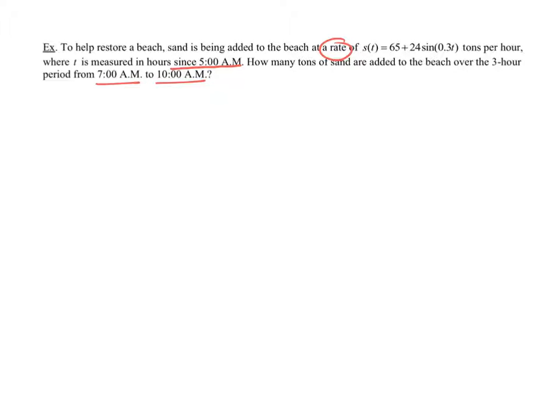And so if I'm being asked for an amount and I'm given a rate, I am going to integrate the rate, which they call s of t, on an appropriate interval. So if I want 7 to 10 a.m. and t is measured in hours since 5 a.m., then I know that 7 a.m. is represented by t equals 2, so that will be my lower bound, and 10 a.m. is represented by t equals 5, and that will be my upper bound.